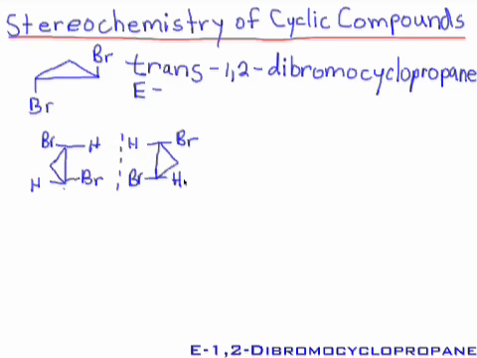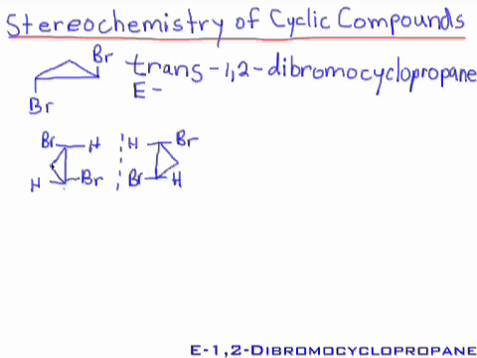The groups are still on opposite sides, hindered rotation. It should be trans or E-1,2-dibromocyclopropane. But this mirror image reflection looks familiar and similar to something we saw in the previous scribblecast lectures.